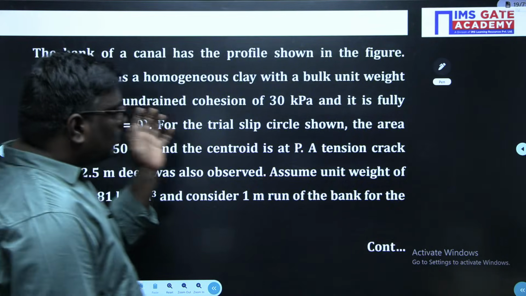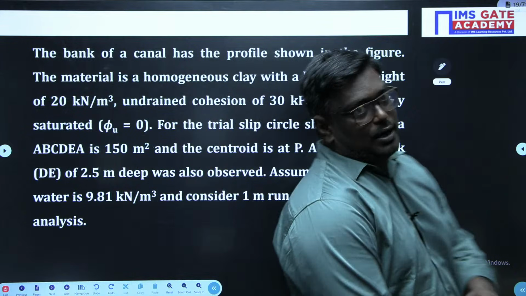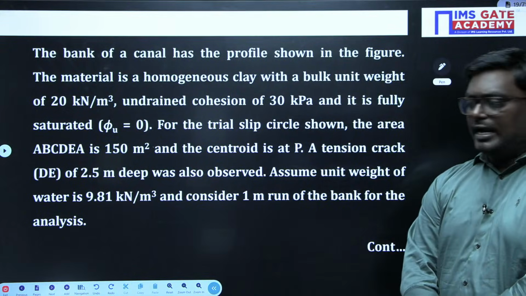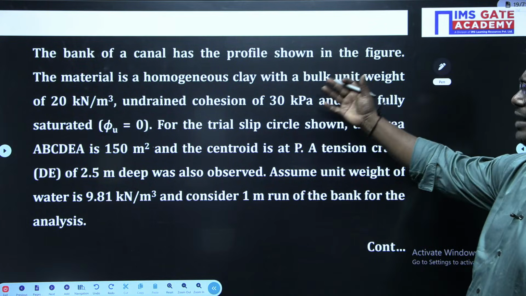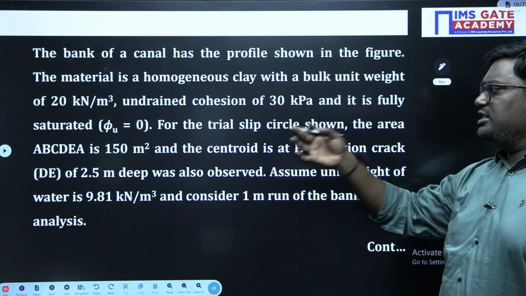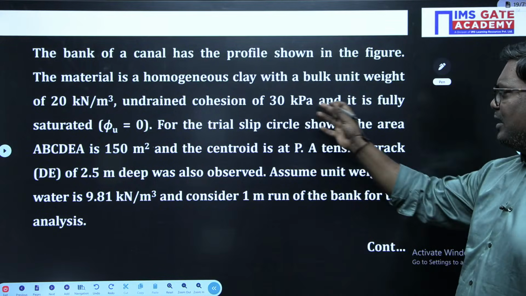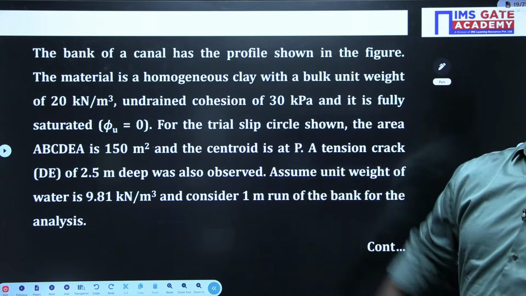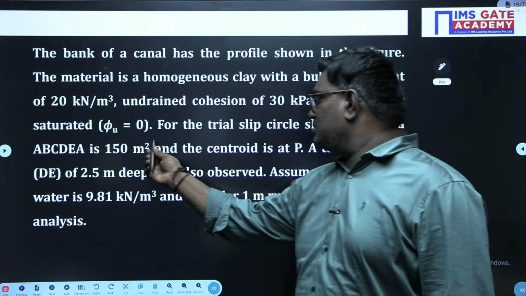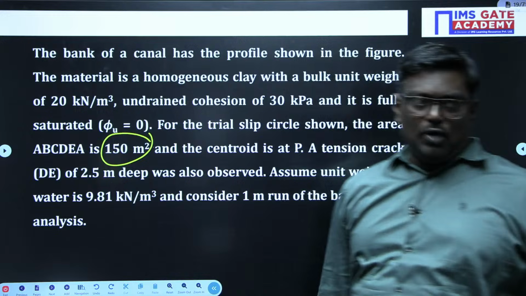Now, this is one of the basic and important questions. This was also asked in GATE 2025. The bank of a canal is shown in the figure. The material is homogeneous with a bulk unit weight of 20, undrained cohesion 30, saturated. For the trial shape circle ABCD, area is given as 150 meter square.